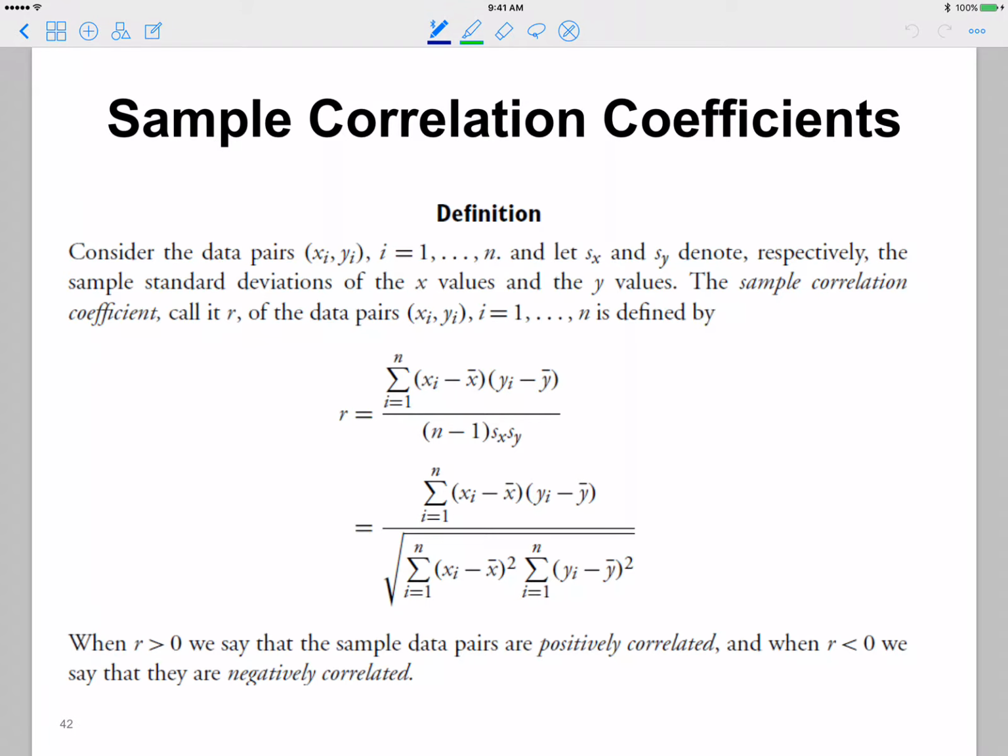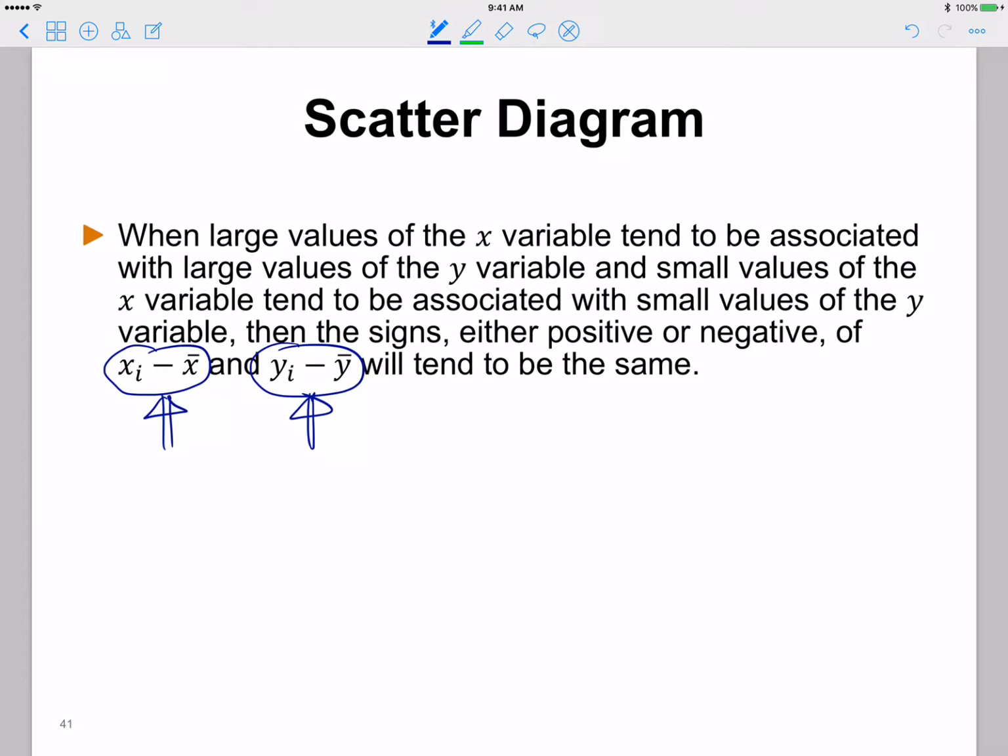Positive means if one increases, the other one also increases. On the other hand, negatively correlated, or negative correlation, means if one gets increased, the other gets decreased. This positive and negative comes from the signs after centering.